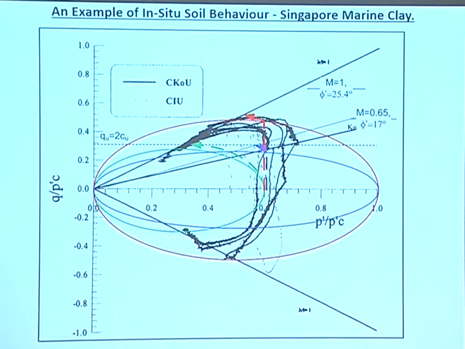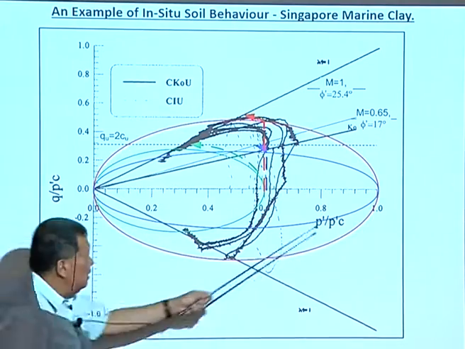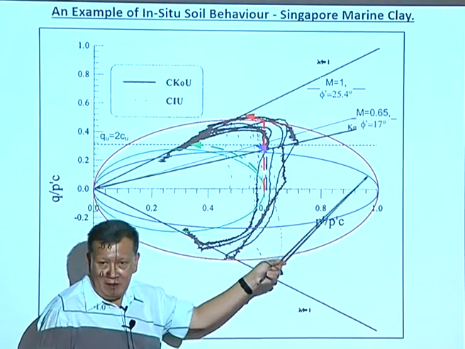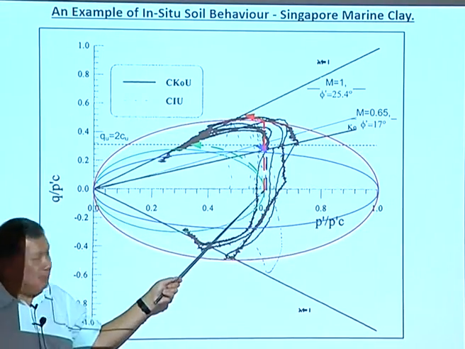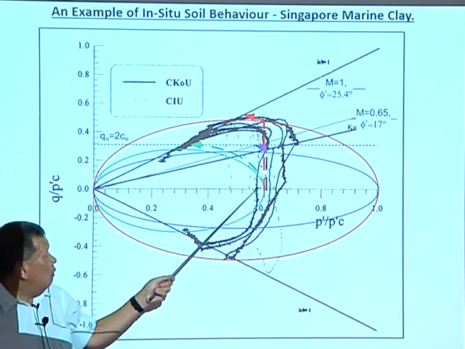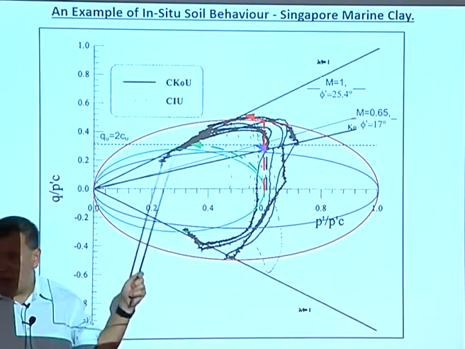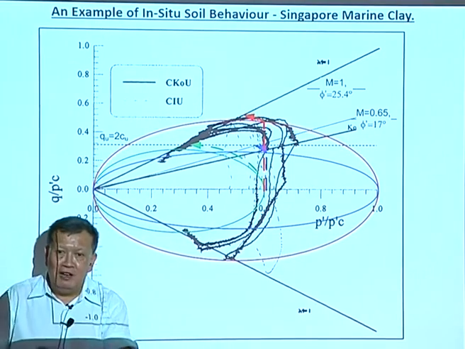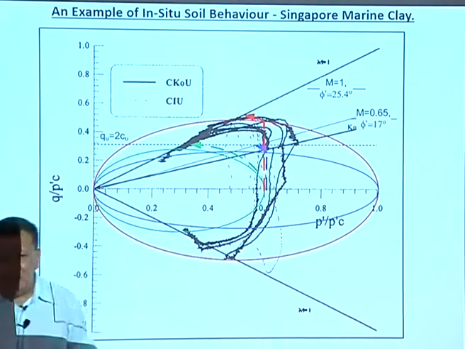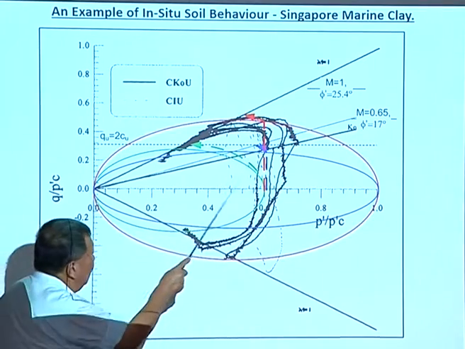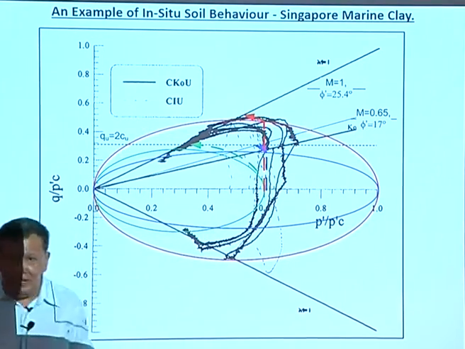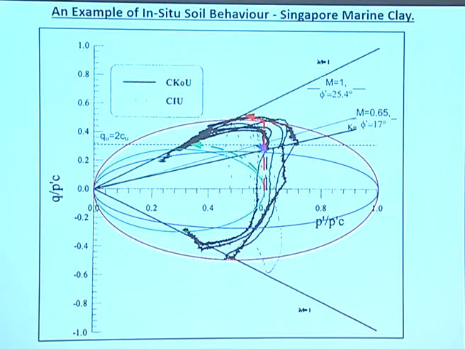In fact, if you don't sample it well, you won't even see this Pc prime, P naught prime. You won't see this. You only see this, something looking like that. So if you model it this way, then actually, ironically, the final strength is correct. Of course, the stress path is completely wrong. You generate a lot more excess pore pressure at the lower stress level. It's wrong, but the final strength is correct.